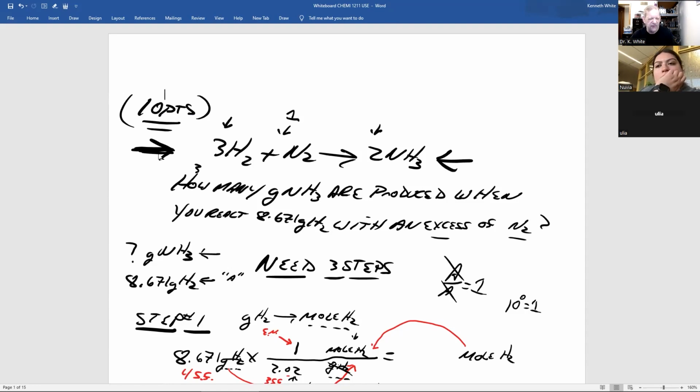This tells me there are 3 moles of hydrogen reacting with 1 mole of nitrogen to make 2 moles of ammonia. So what's my relationship? Moles of hydrogen to moles of ammonia. For every 3 moles of hydrogen, I make 2 moles of ammonia. And we get that from the coefficient, the number in front of the formula.